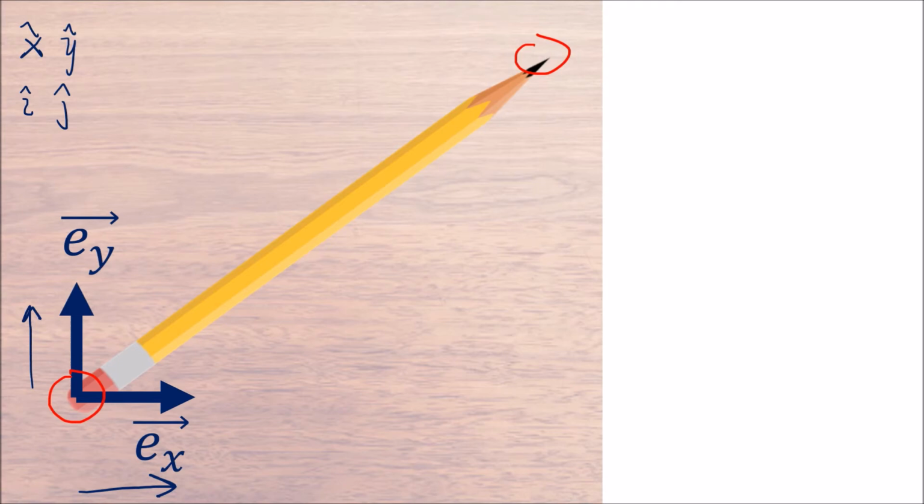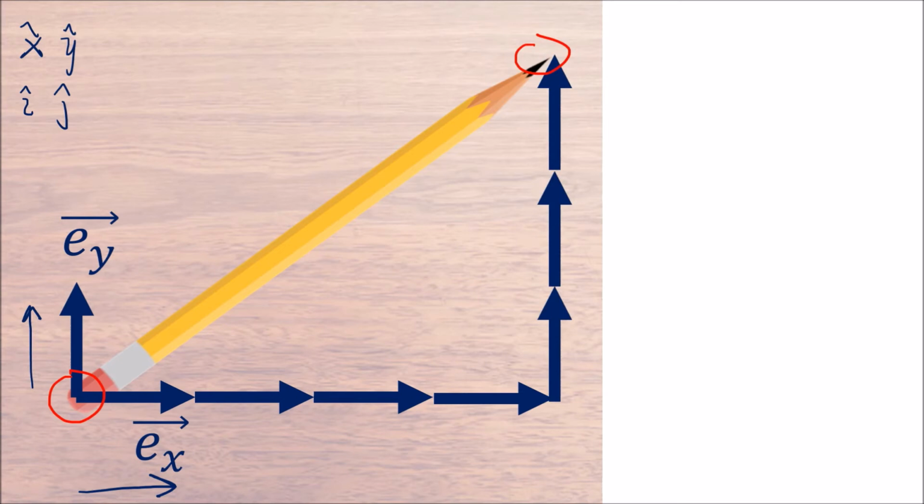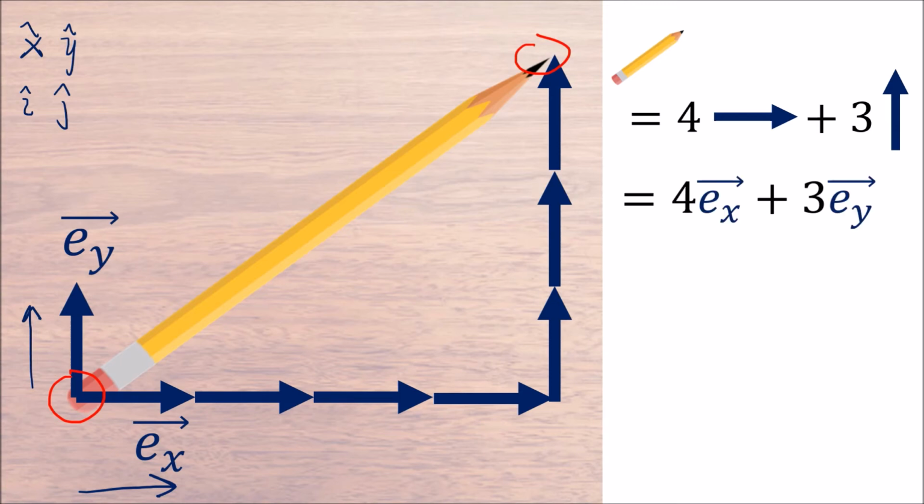And we can add together Ex and Ey in different amounts to get from the pencil's eraser to the pencil's tip. In this case, the separation is given by 4 horizontal vectors and 3 vertical vectors. Writing this in algebra notation, we get 4Ex plus 3Ey.